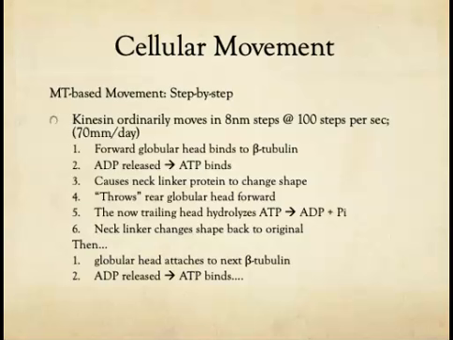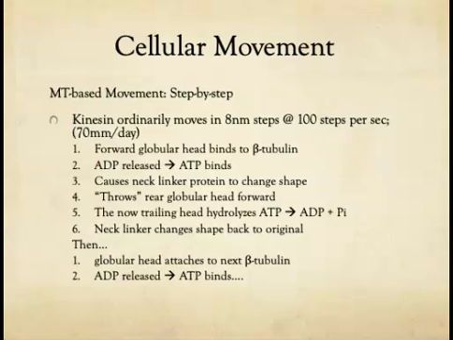So if you begin in the process with the forward globular head binding to the microtubule, if you start right there, the foot, if you will, that's in front is going to land on the microtubule and it's going to bind. And it's going to bind specifically to the beta tubulin portion of the heterodimer.